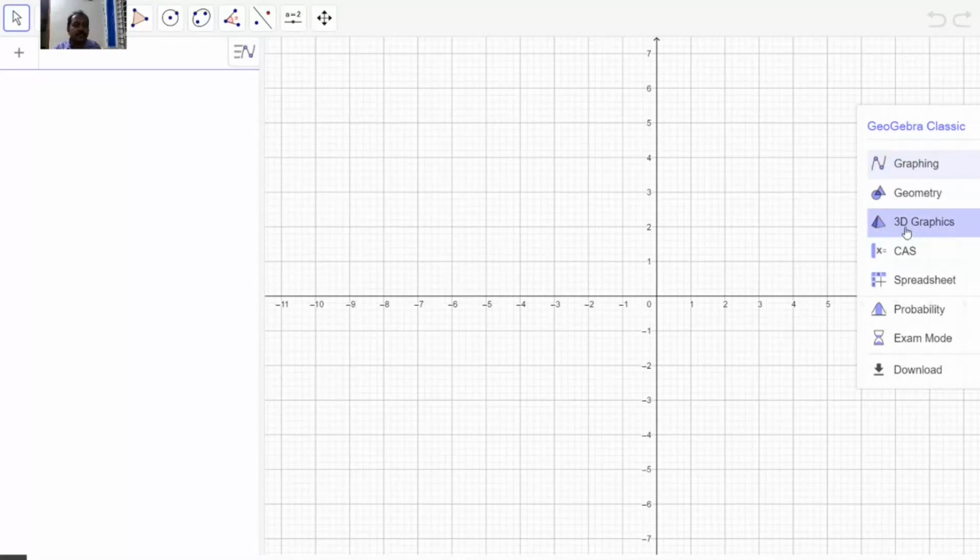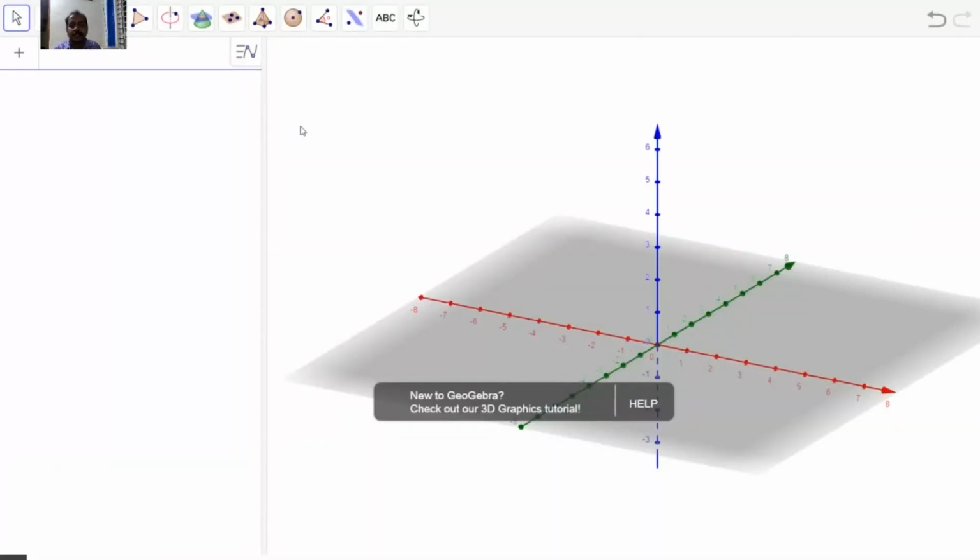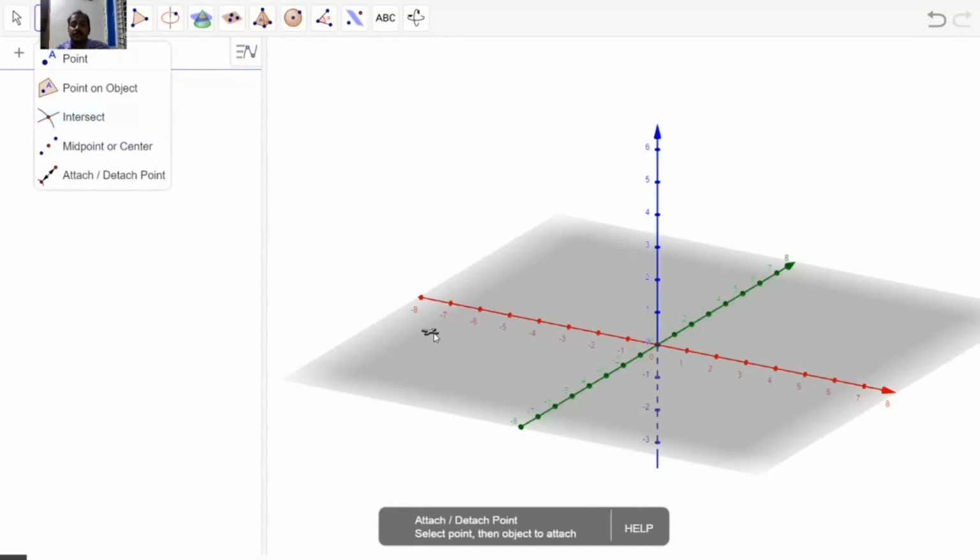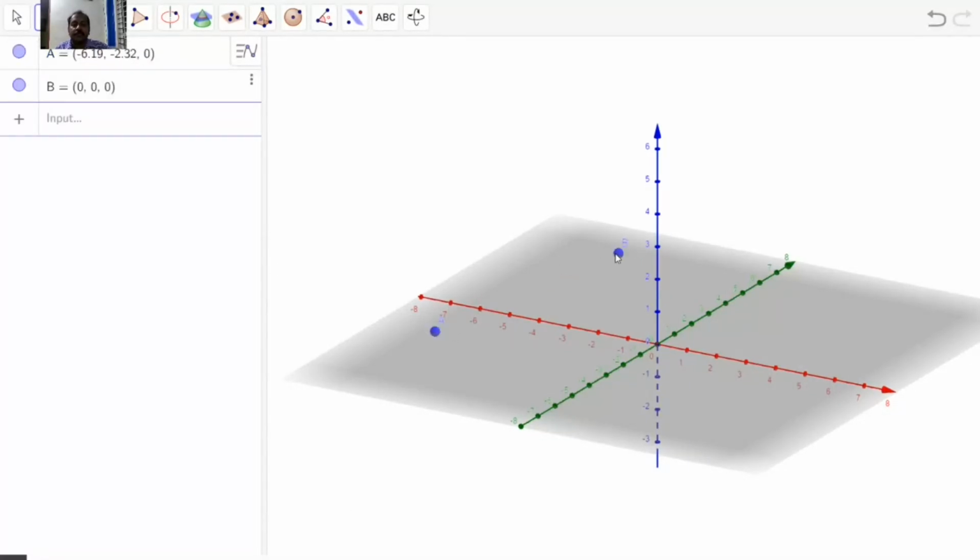So consider the 3D graphics window of GeoGebra. Consider 2 points, one here and one here.